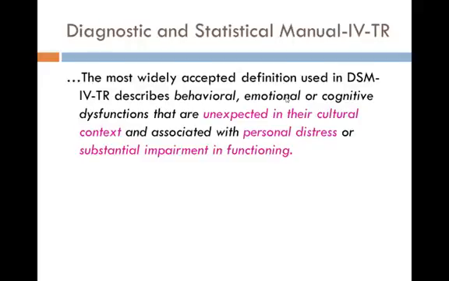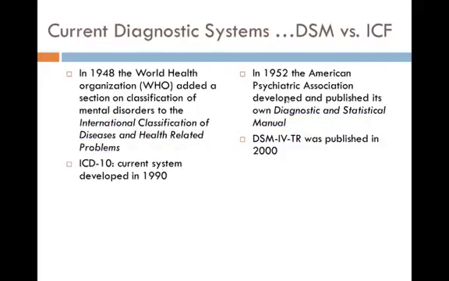As we explore what the DSM is and its evolution over the years, as well as the ICF, one of the things we know is that the ICF has been around for a very long time, even though from my experience as a clinician, it's only now that it's being talked about and used more frequently here in the United States.